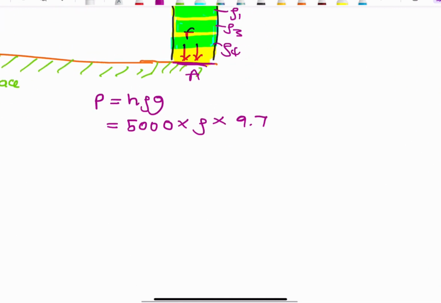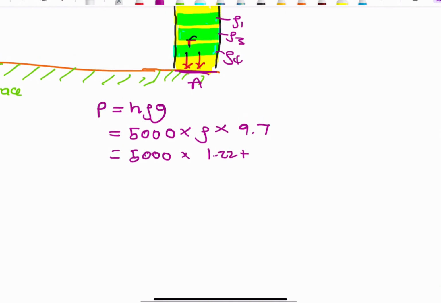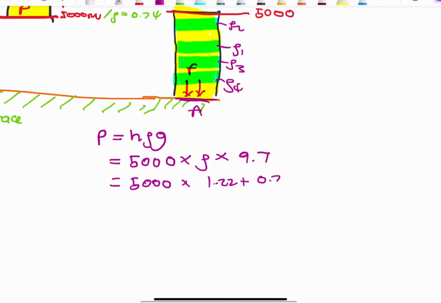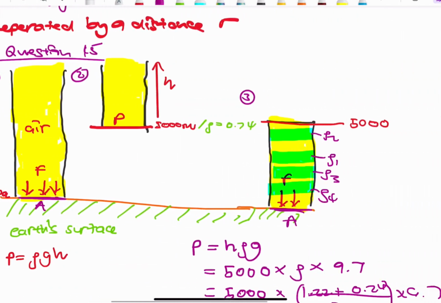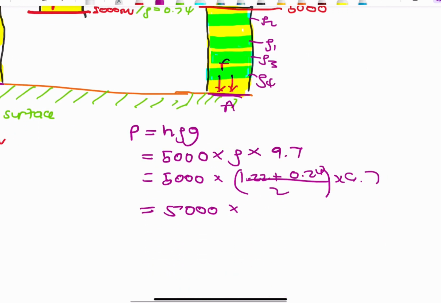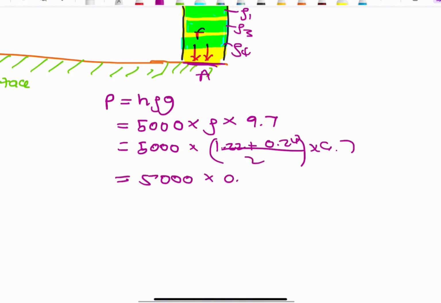So my pressure is going to be 5,000 multiplied by 1.22 plus 0.74, divided by 2, multiplied by 9.7. That's going to be 5,000 multiplied by that average, which is about 0.98, and then 0.98 multiplied by 9.7.